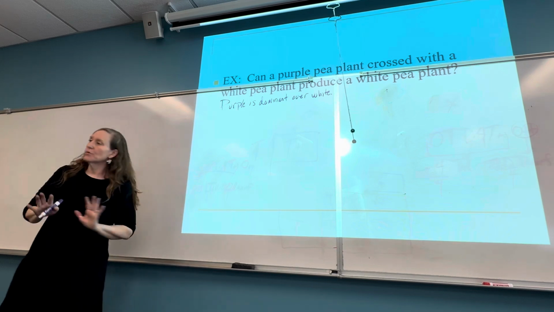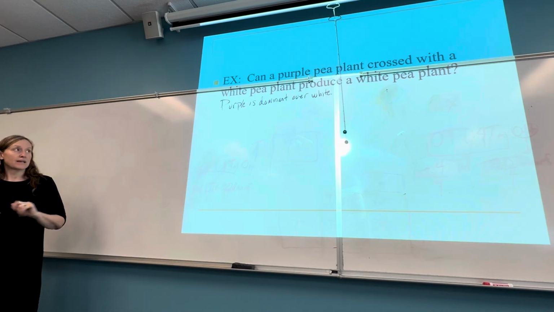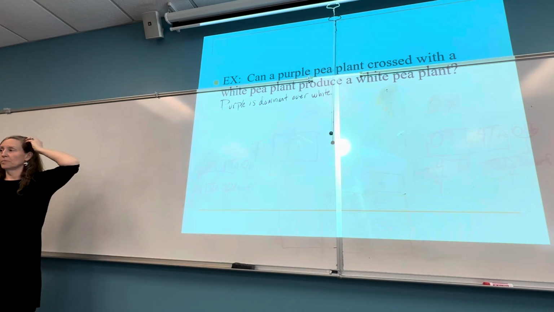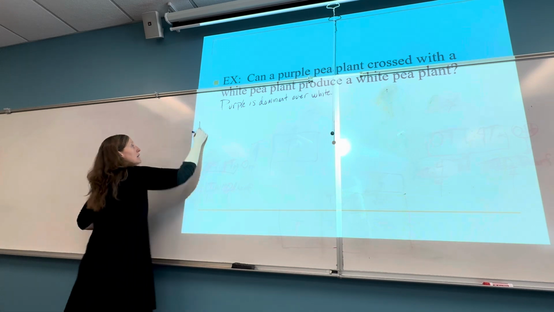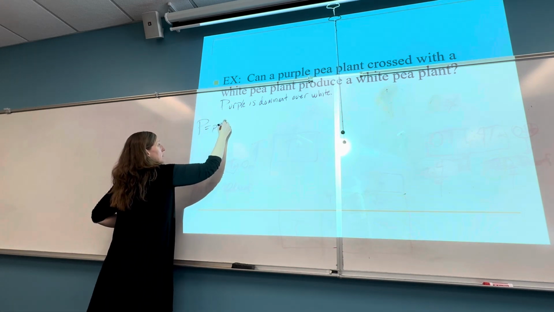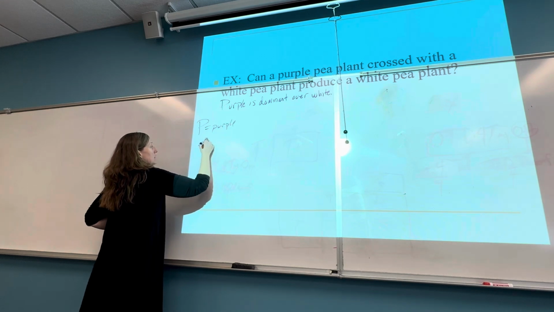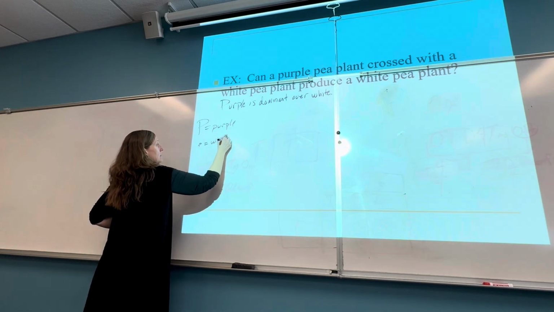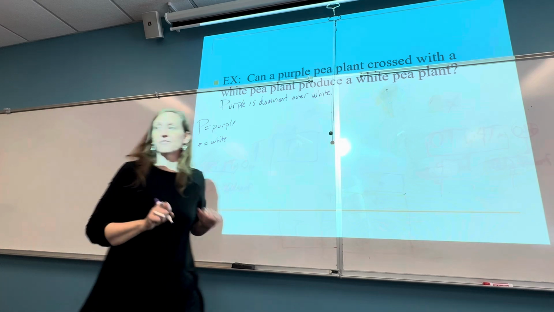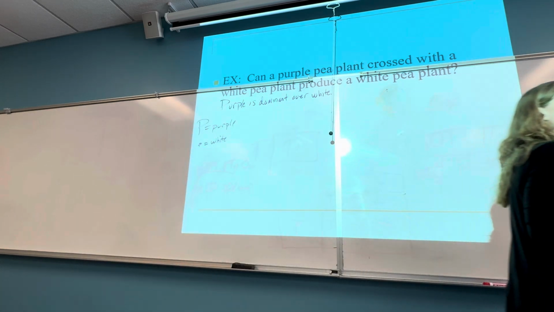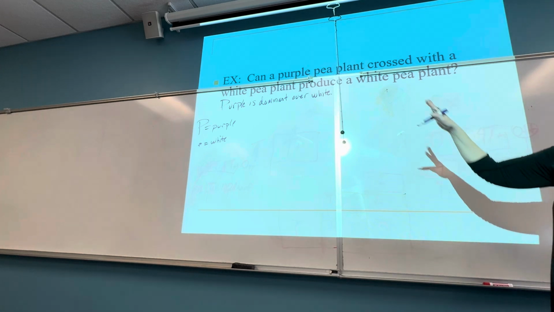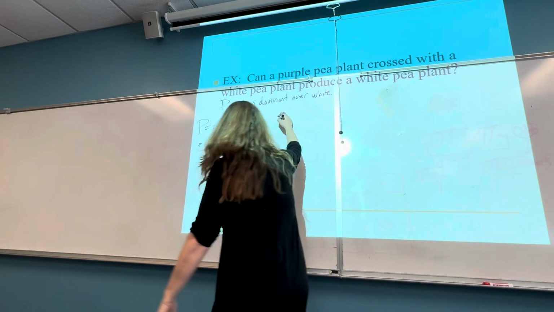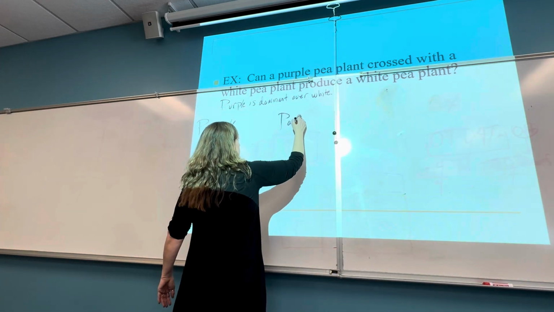So the way that I would approach this question is I would immediately code out purple, capital P is for purple and little p is for white. I'm going to pull out as much information from this word problem as possible. So I've got two parents. It says a purple pea plant. So I'm going to write our parents.